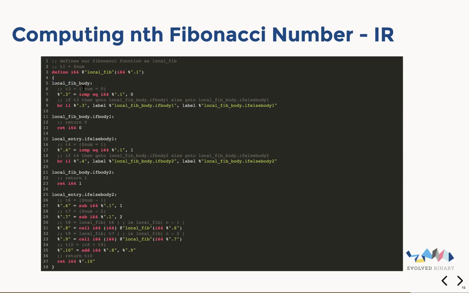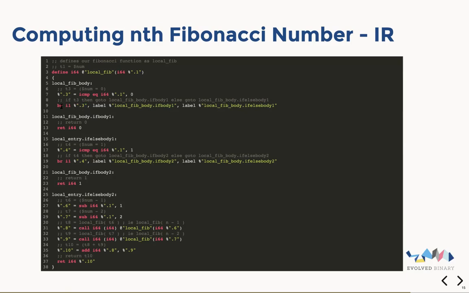And the first thing we do, just like in our XQuery, because this is the XQuery that's been translated into IR, is that we check to see if the argument num is 0. So we set a register to the value of integer comparison of I64 of register 1 against the literal number 0. And down here, we perform a jump to a label based on the register that we've just set.